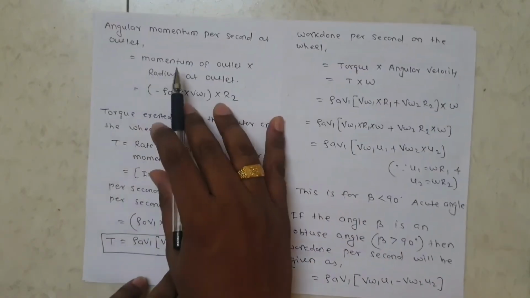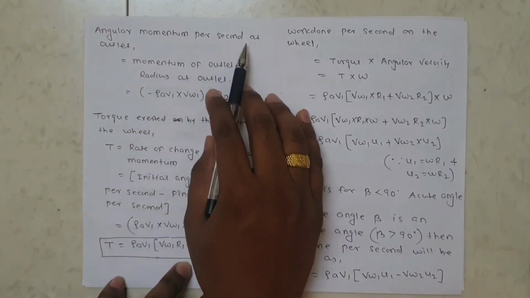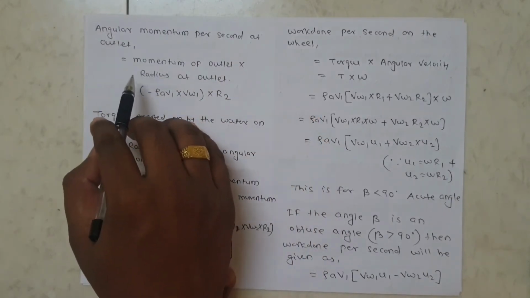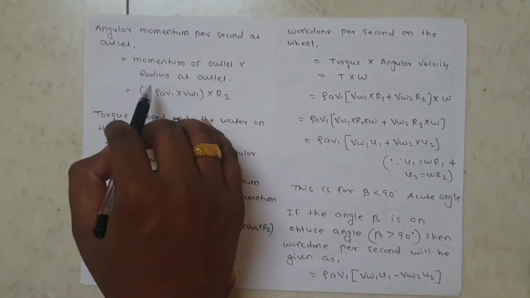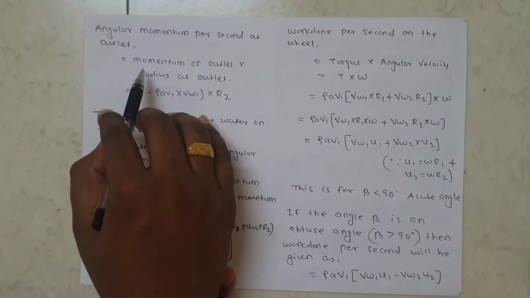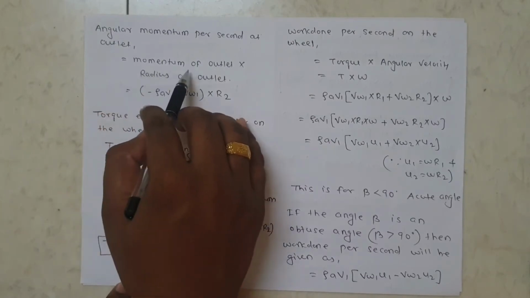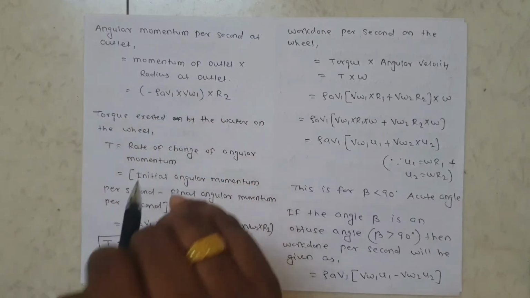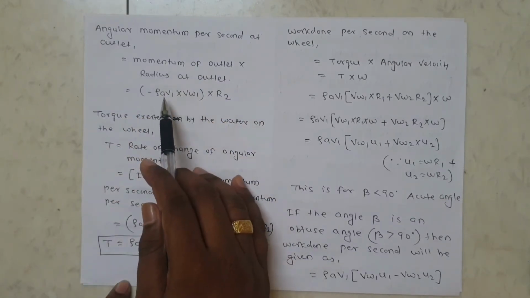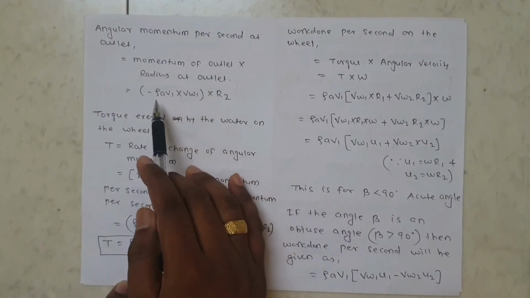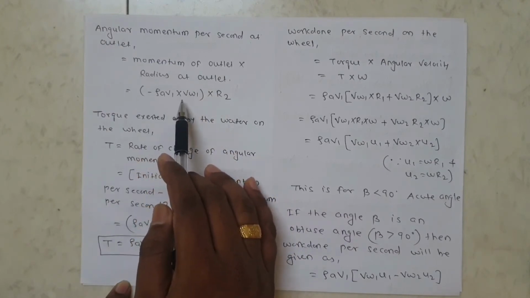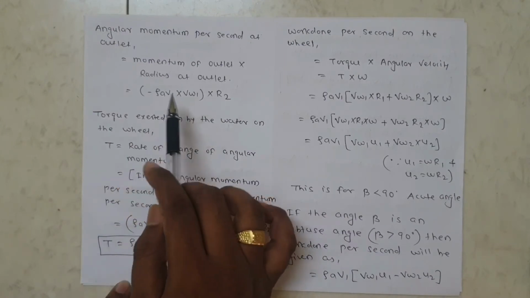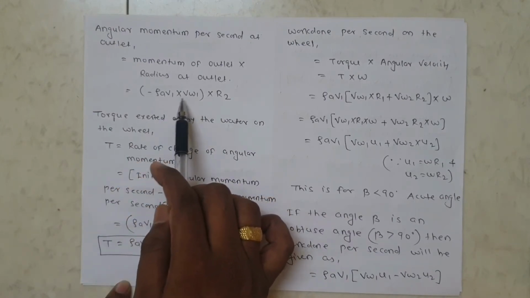Next is the angular momentum per second at outlet, which is momentum at outlet into radius at outlet. The momentum at outlet is minus rho a v1 into vw2, and the radius at outlet is r2. This is the angular momentum per second at outlet.